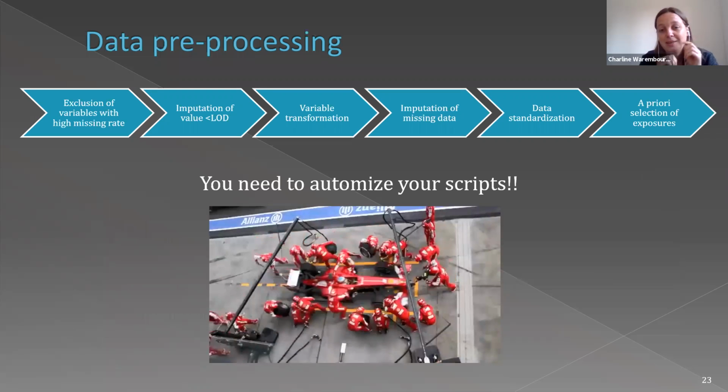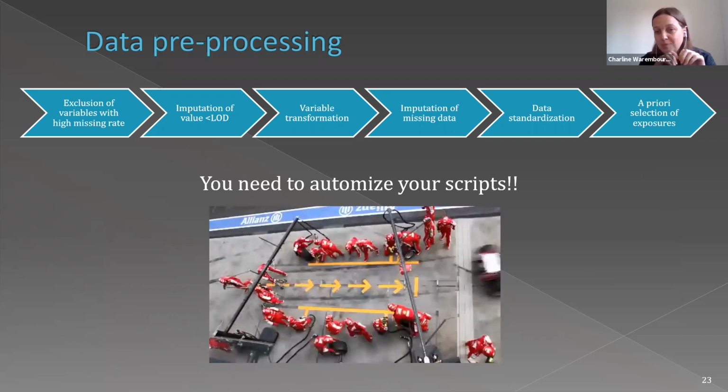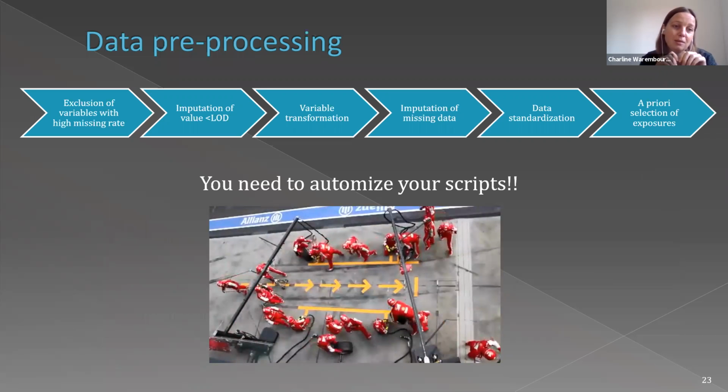And I think my main recommendation is to automate your script, because when you are dealing with hundreds of exposures, if you have to check the distribution of each exposure, then standardize each exposure, etc., you will spend a lot of time doing that. So automate your scripts.